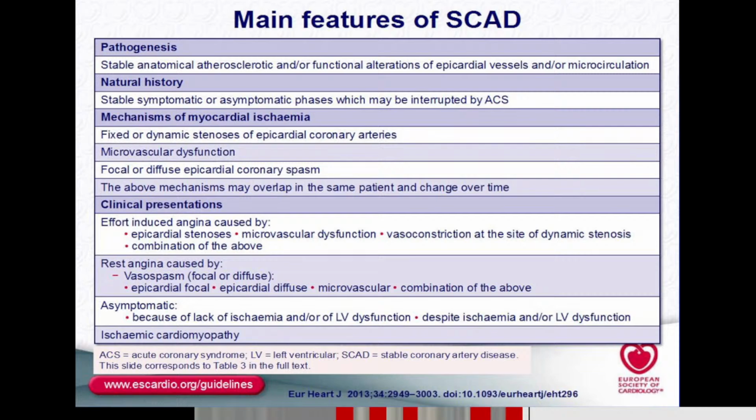The mechanisms of myocardial ischemia are the fixed or dynamic stenosis of epicardial coronary arteries. The next mechanism is microvascular dysfunction, focal or diffuse epicardial coronary artery spasm, and all the above mechanisms may overlap in the same patient and change over time.